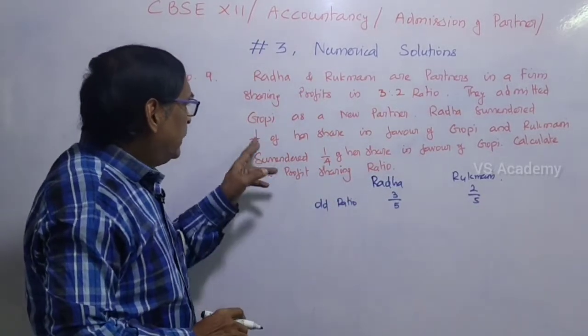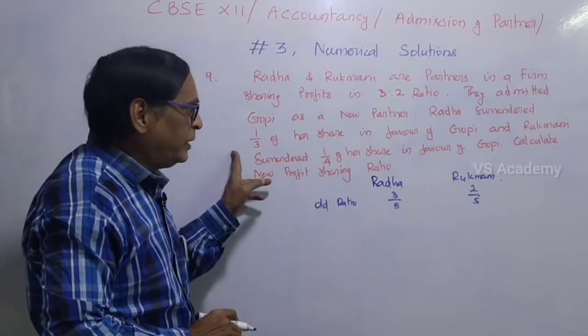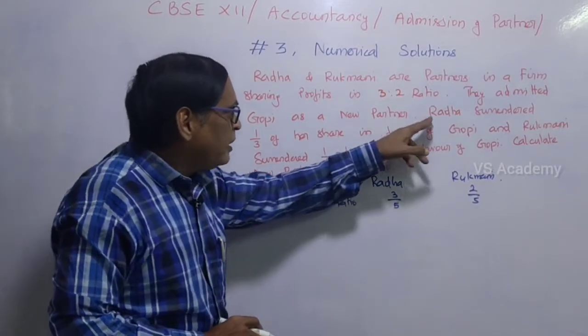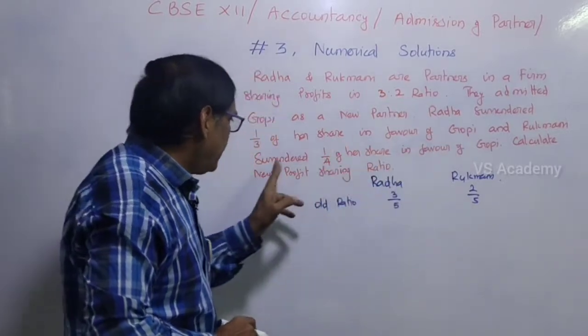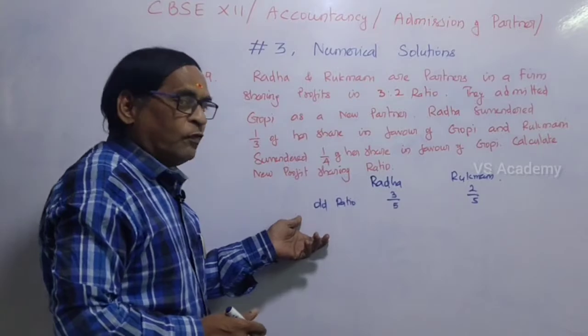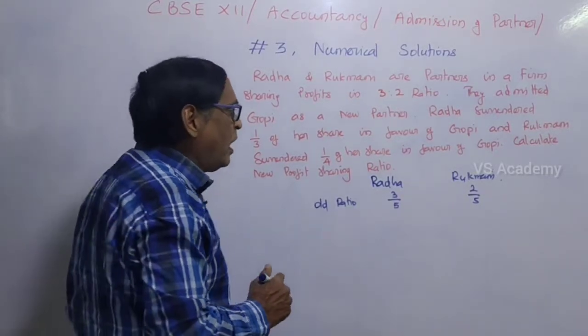And then the new ratio for Gopi. Gopi has been appointed as a new partner, but his share is not given. So Radha surrendered 1/3 of her share and Rukmani surrendered 1/4 of her share. So what is the surrender value of Radha and Rukmani?